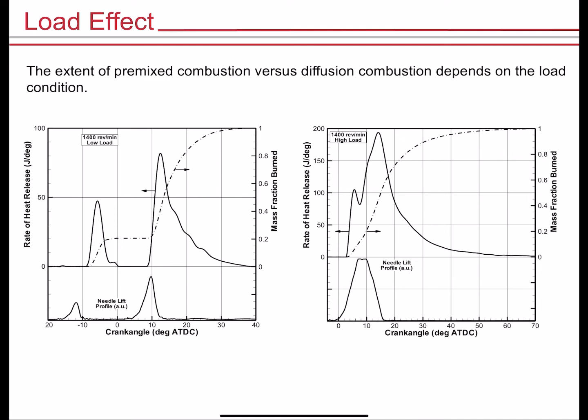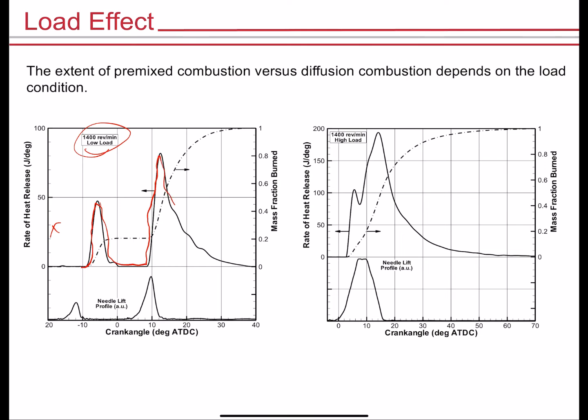Okay, so we also recognize that the extent of premix combustion versus diffusion combustion depends on the load condition of the engine. When you're at a low load operating condition, you have basically almost all premix burning. Now you see here in this burn profile that there are actually two modes of burning.